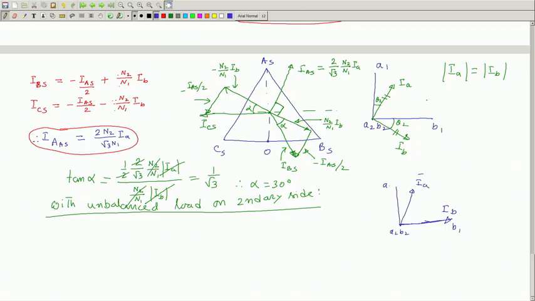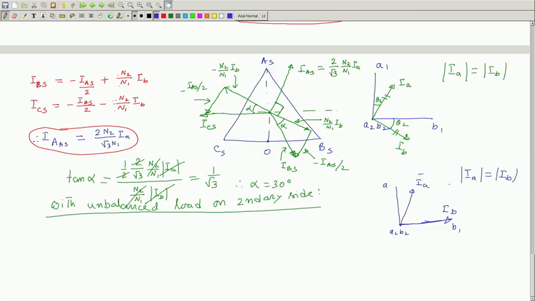But what I am telling is this equation remains intact. The MMF balance equation will not change. Only thing is I will be deprived of this simplification, that the magnitude of I A is equal to the magnitude of I B.